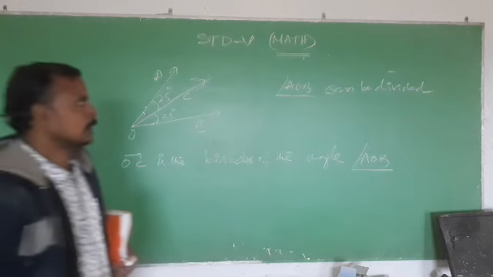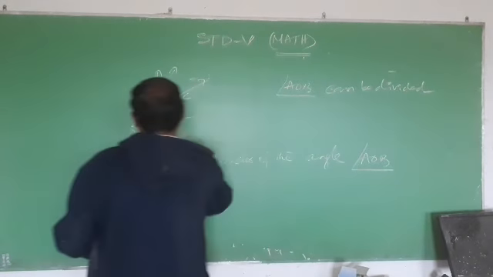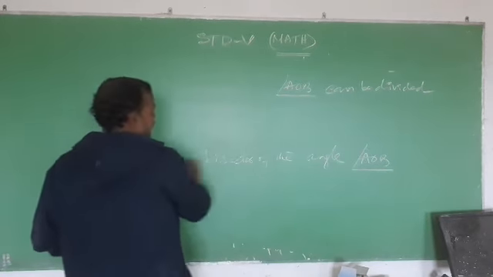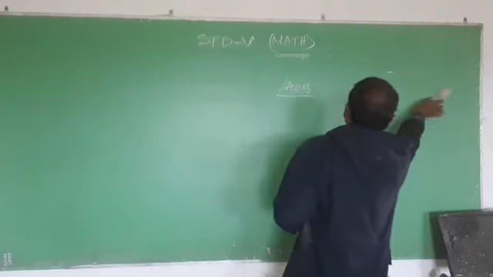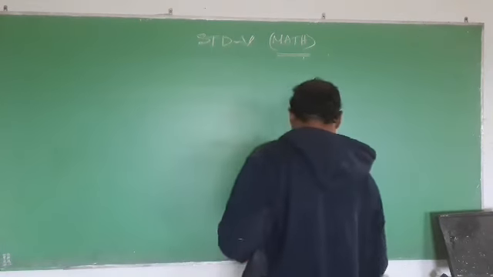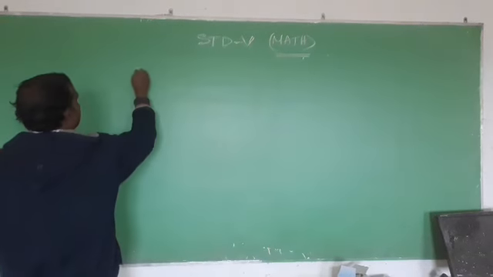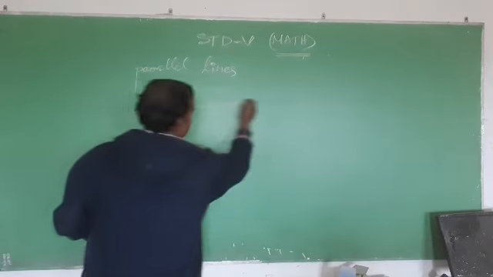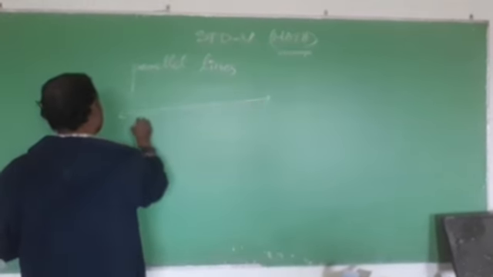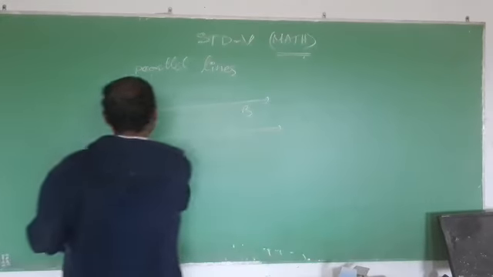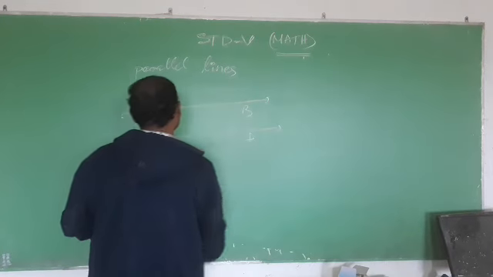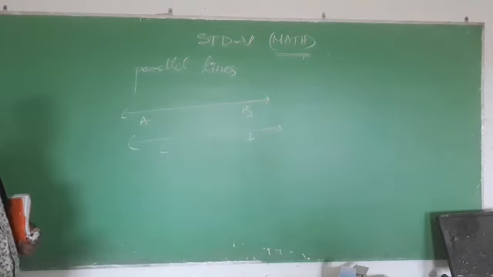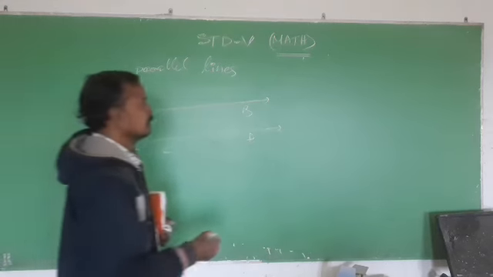And next we will study parallel lines and intersecting lines. Okay, parallel lines. See, this is one straight line and this is another straight line. Okay, and they are moving parallel, meaning they do not meet.